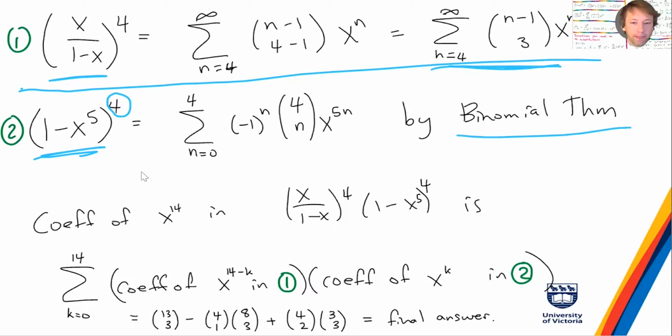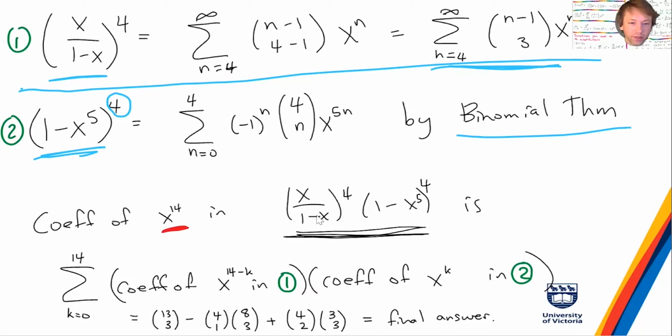Now we're looking at this product, right? And remember there was this formula for the coefficients of x in the product of two different generating functions. To remind you of that, the coefficient of x to the 14 here is the sum from k equals 0 up to k equals 14.